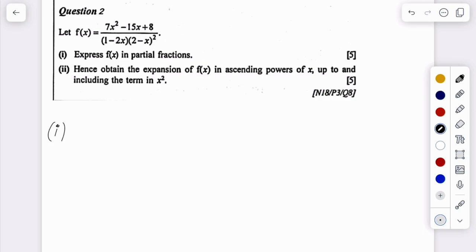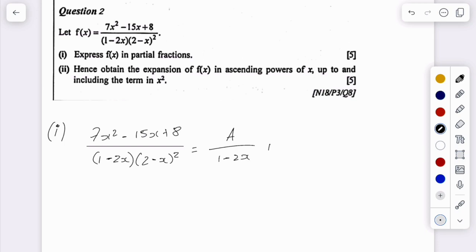So what this is going to look like: (7x² − 15x + 8) over (1 − 2x)(2 − x)² is going to equal A over (1 − 2x) plus B over (2 − x) plus C over (2 − x)².